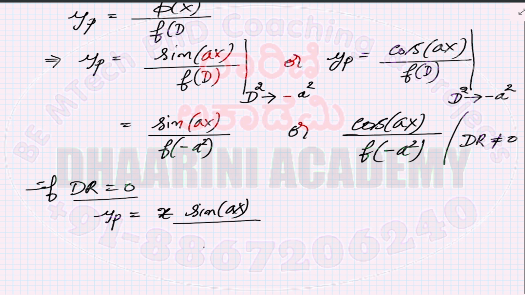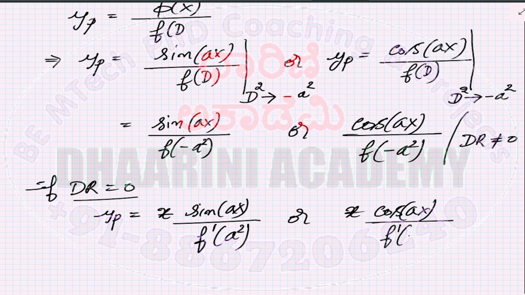Instead of writing f of a square, you write f dash of minus a square. The other answer should be x into cos of ax divided by f dash of minus a square, since previously the denominator was 0, so you differentiate and then substitute.